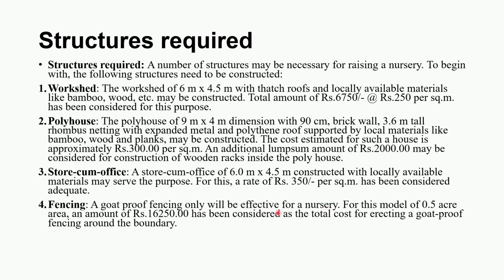For the model of 0.5 acre area, the amount of 16,250 rupees has been considered as the total cost for erecting goat proof fencing around the boundary. So these are the structures required for raising a nursery, and the dimensions and how the cost has been taken for each structure are mentioned in this slide.